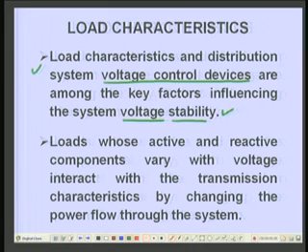Loads whose active and reactive components vary with voltage interact with the transmission characteristics by changing the power flow through the system. This is a very important point.